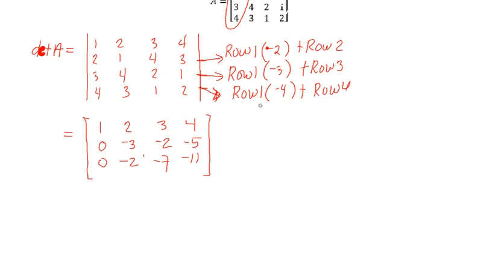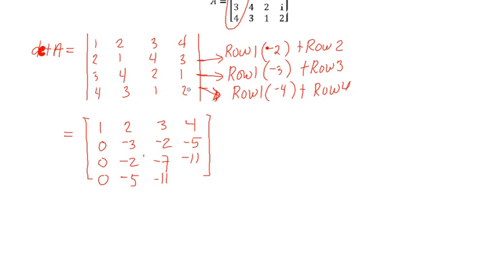So, yung row 1, multiply daw natin ng negative 4 plus row 4. So, yung row 1, 0. Next, we have 2 times negative 4 plus 3, that is equal to negative 5. Next, yung row 1 natin, 3 times negative 4 plus row 4 natin na 1, that is negative 11.